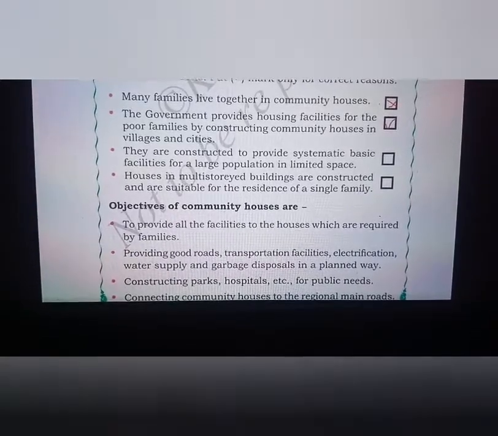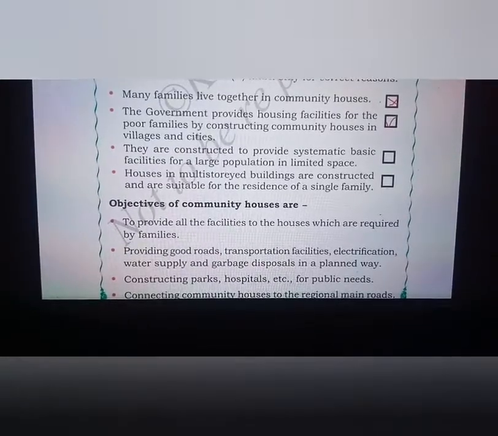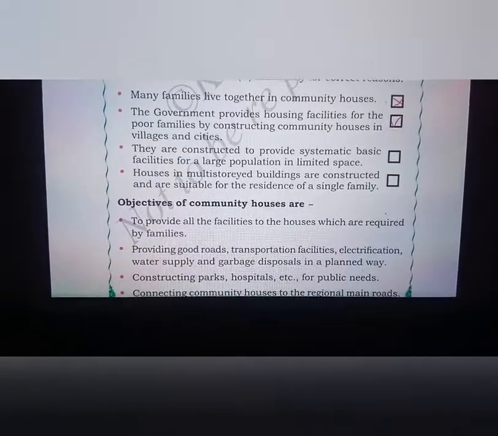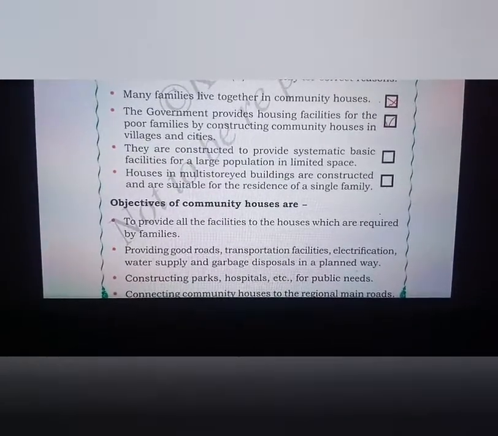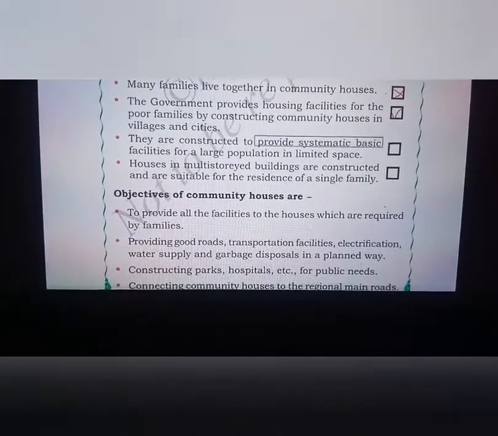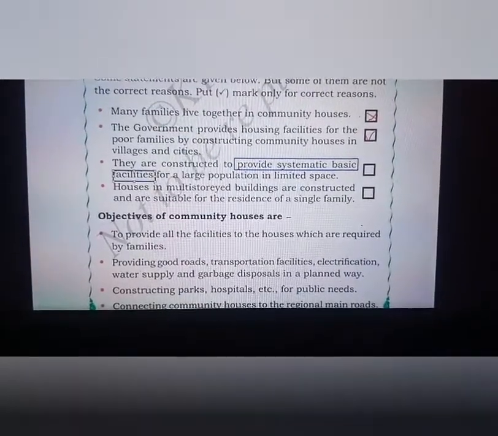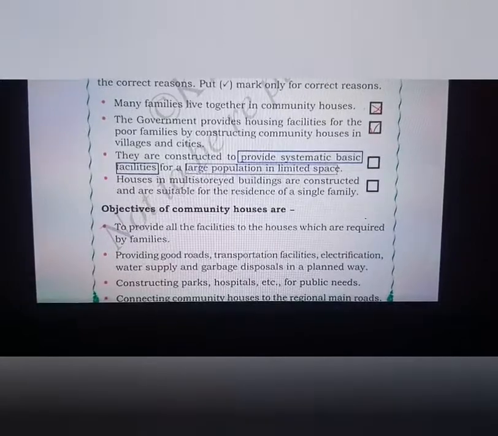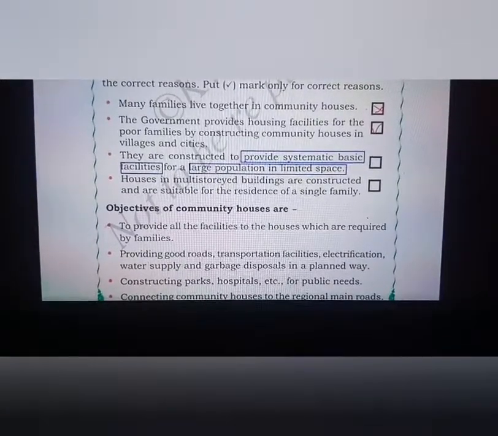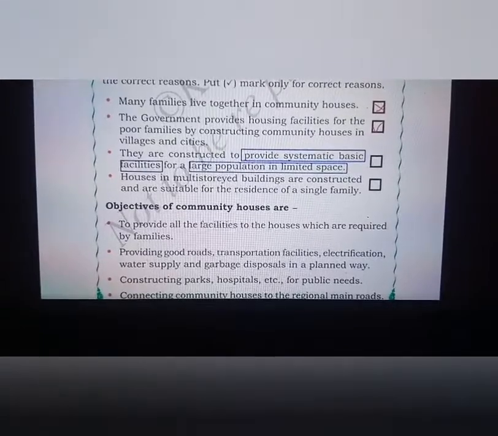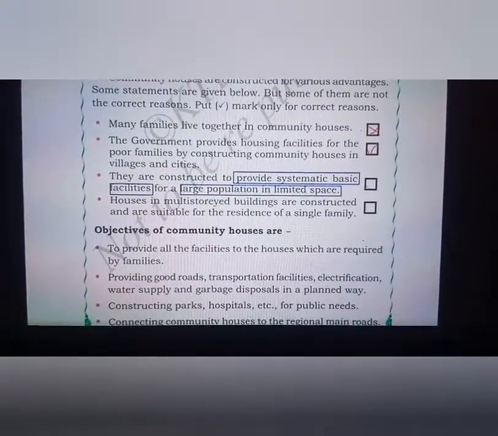So the government provides systematic basic facilities for a large population in limited space. They have to make sure that the place does not go wasted. That is why community houses are planned.